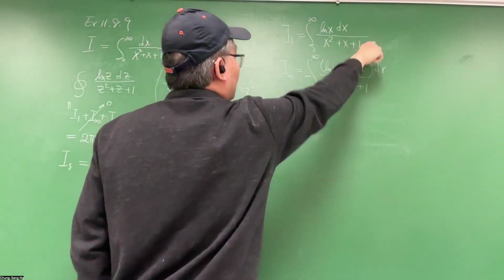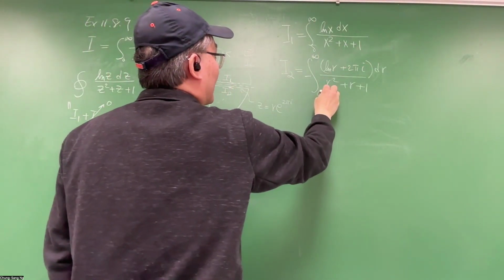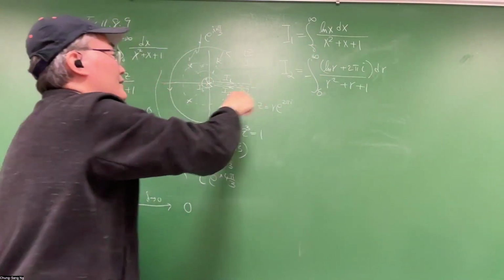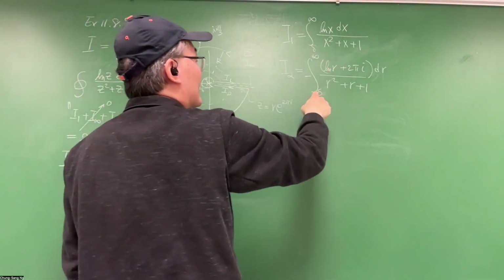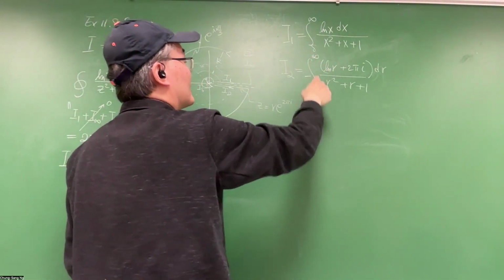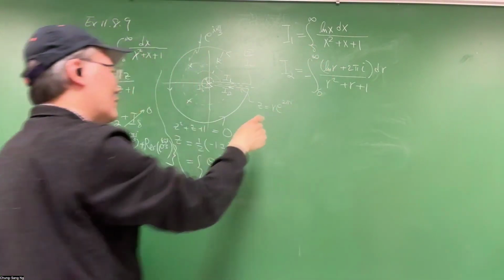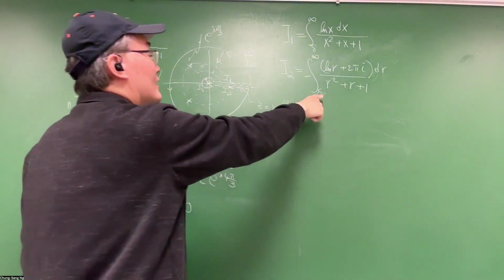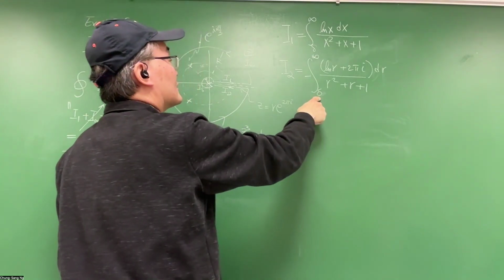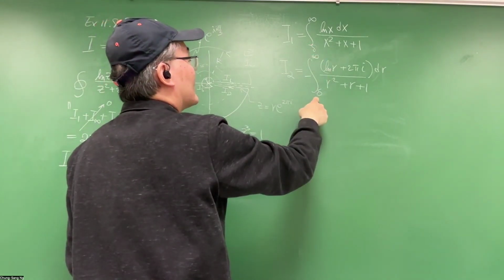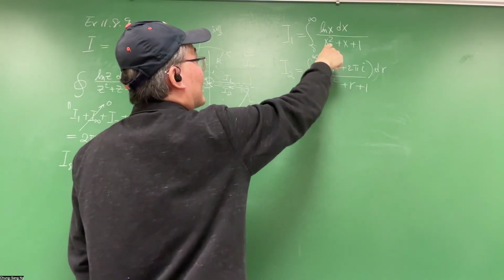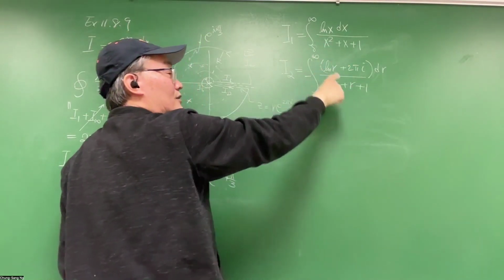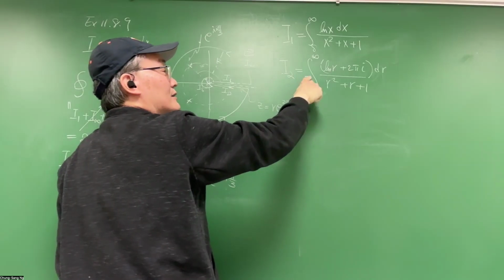This is delta, but we take the limit delta goes to 0. Everything is well behaved as delta goes to 0, so you can take that limit, and then you see that this I sub 1 cancels with the first term of this one, because there's a minus sign here.